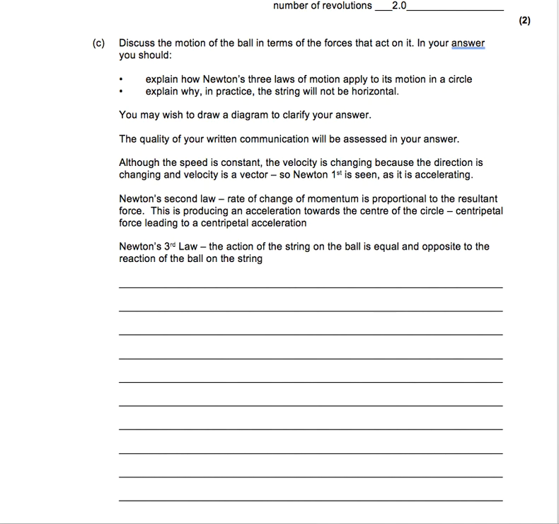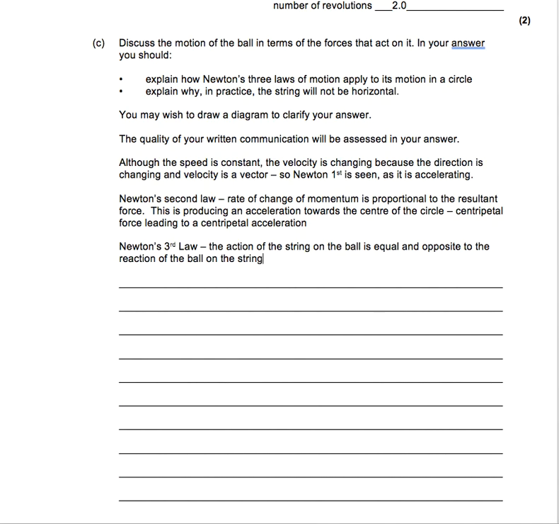So essentially the ball experiences a pull inwards and the string, the person holding the string, experiences a pull outwards. These two forces are the same type and they are in opposite directions and they are the same size. So there it is, Newton's third law. So we have discussed here how the three laws apply.